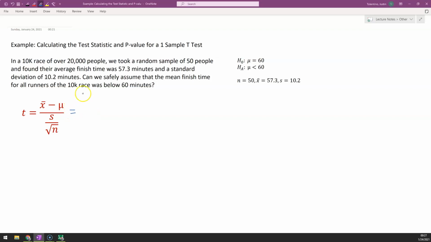So first, plugging in our x bar, we get 57.3 minus our mean from our null hypothesis, 60, divided by s of 10.2 over the square root of 50. And once again, we can just use Desmos to get that in here.